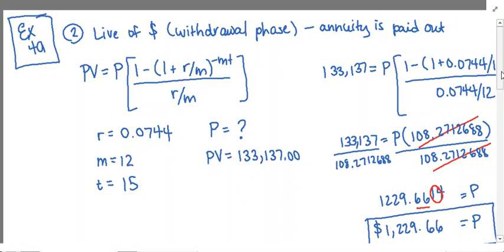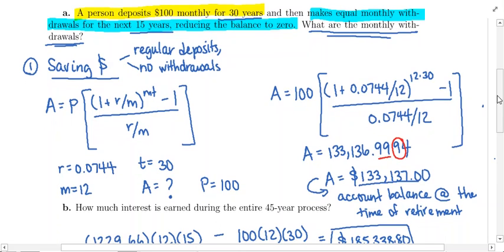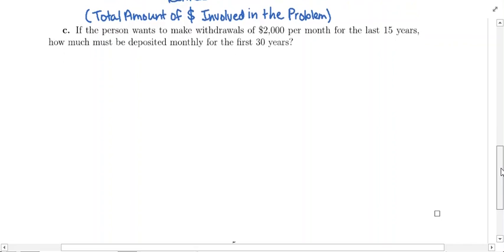We're going to handle the withdrawal phase first and use the present value of an annuity formula. And then once we work with that, we will go back to the savings phase and use the future value of an annuity formula. So again, it's a little challenging because you're basically doing part A, but backwards.